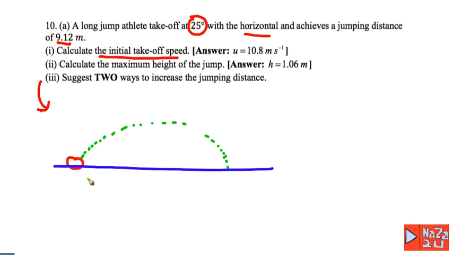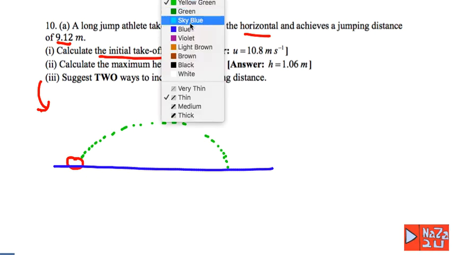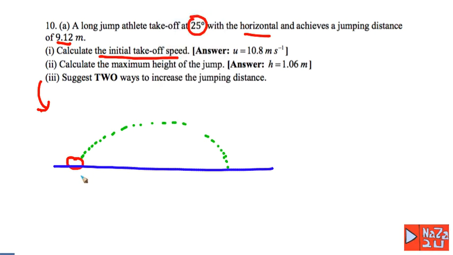The distance given by the question here is 9.12 meters, and the angle here is 25 degrees. So this is how you draw the situation from the information given by question number 10a.